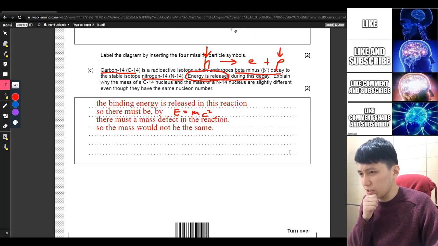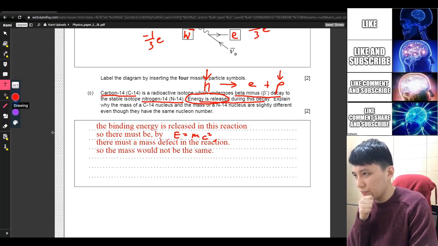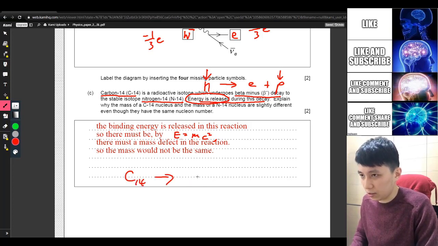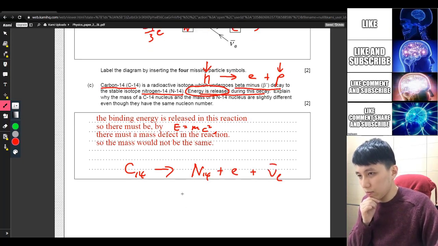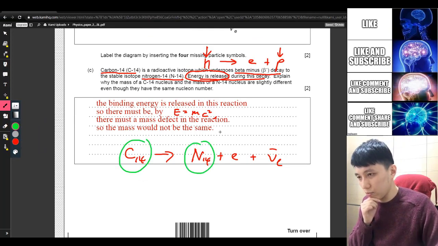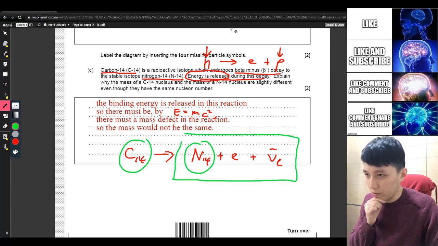Actually, this may not be a good approach, because we are just talking about the reaction, right? Because we have carbon 14 and then nitrogen 14 plus electron plus anti-neutrino. So what they want is these two, not the whole thing, right?